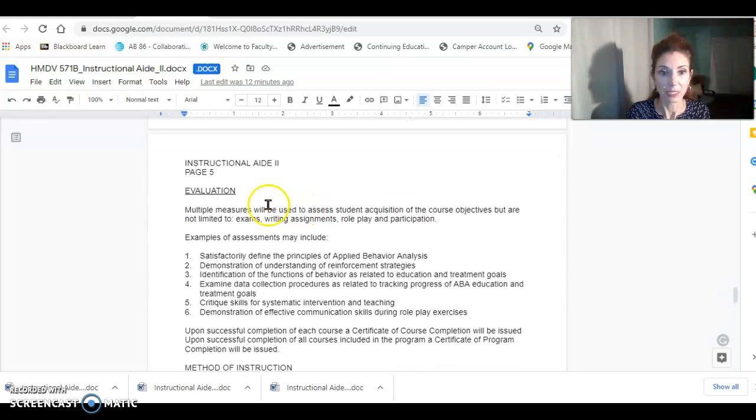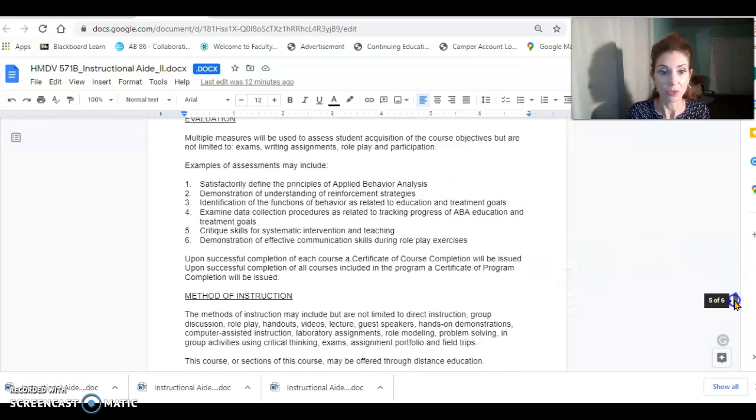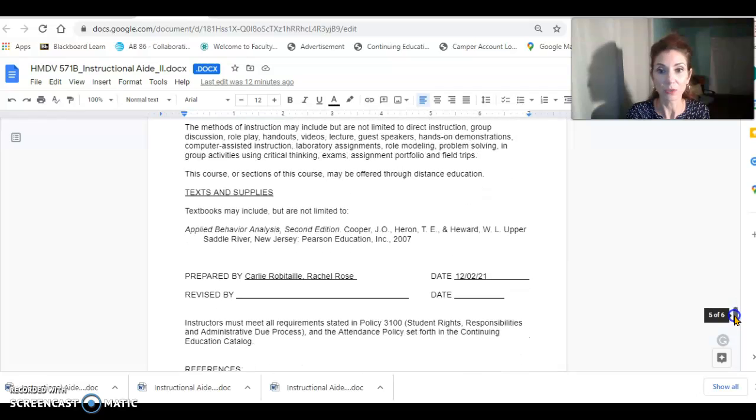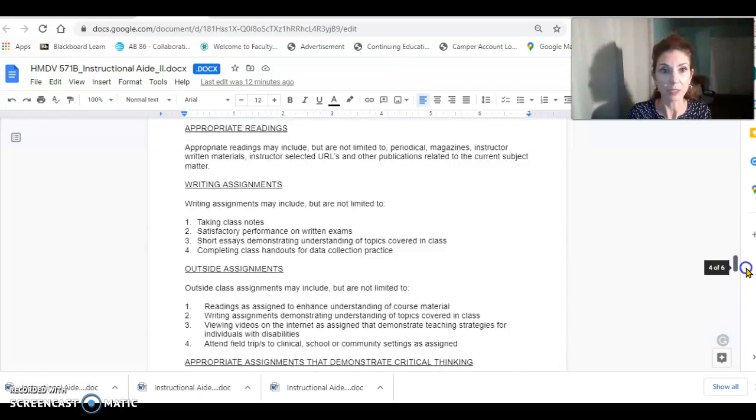Here are some assessment ideas: critique the skills for systematic intervention and teaching, demonstration of effective communication skills during role play exercises, identification of functions of behaviors related to their education and treatment goals. So those are the pieces that are new, just a little bit more information.